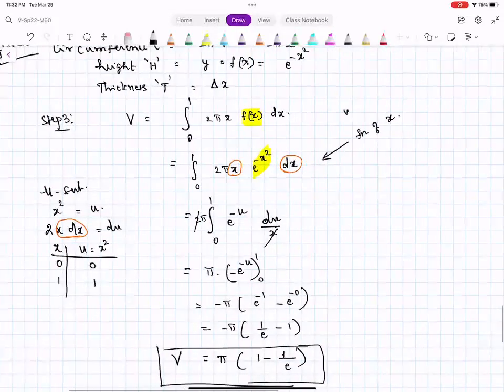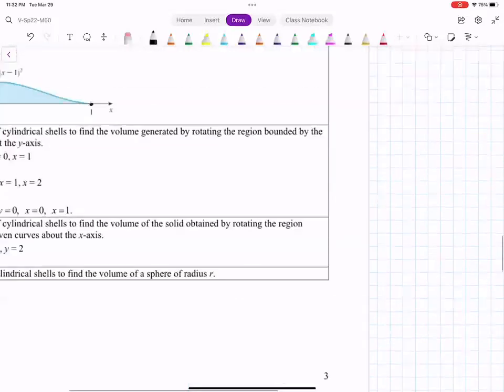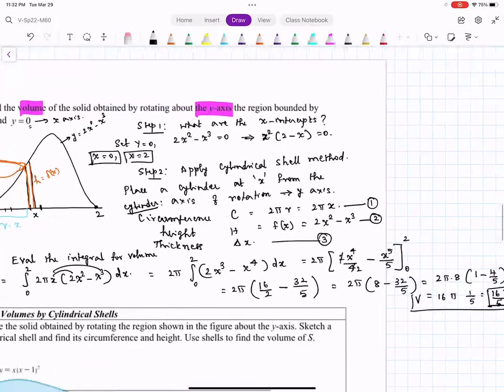In a cylindrical shell method, rotation about the y-axis causes the integrand to be a function of x. This is what we saw in the earlier problem that we did in the video. Even in this one, when it is rotated about the y-axis, the integrand becomes a function of x.